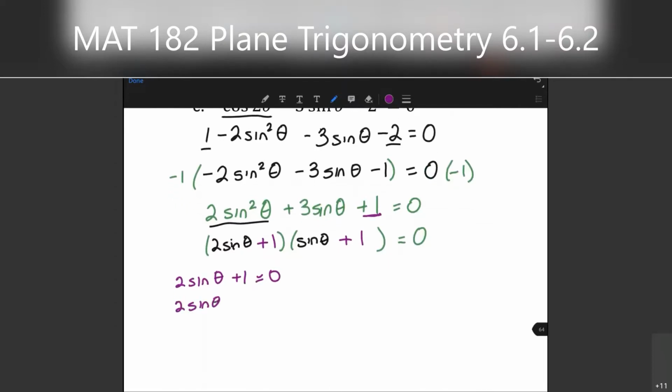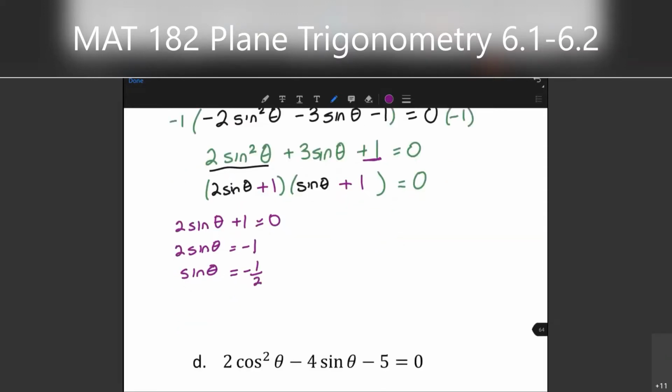So we have 2 sine theta equals negative 1, or sine of theta equals negative 1/2. And if I wanted to consider where the sine function is going to be negative 1/2, let's consider that together here. What would be the first angle that we would find that gives us a negative 1/2 for sine?